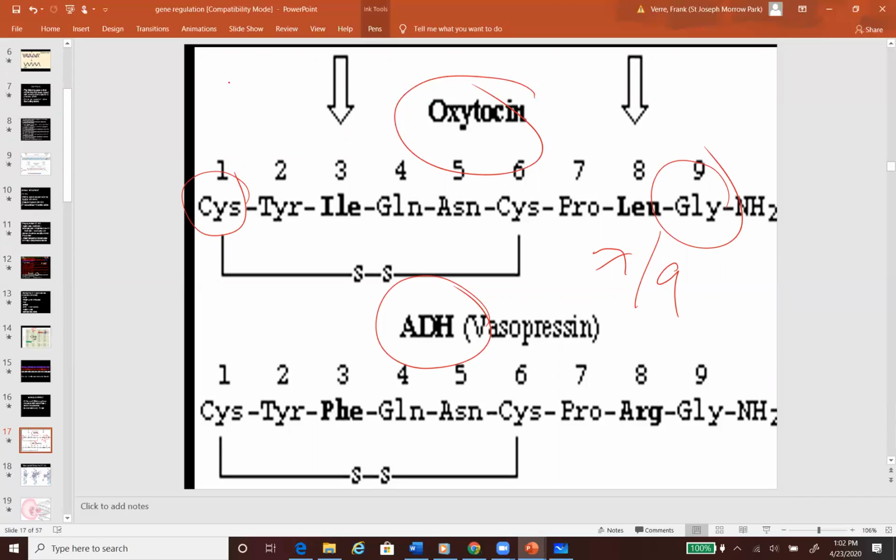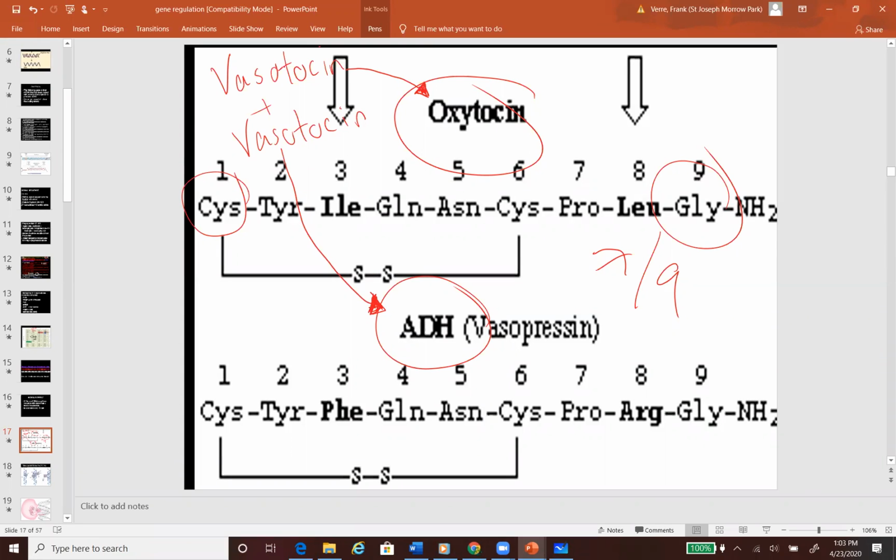And that's because they both descended from a gene called vasotocin, which we find in things like chickens and reptiles. What happened to vasotocin is it got duplicated, so an extra copy. And in mammals, one of the vasotocins was modified through mutations to become oxytocin, and the other one was modified through mutations to become ADH or vasopressin.